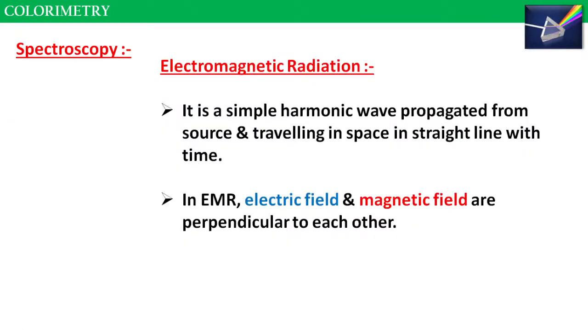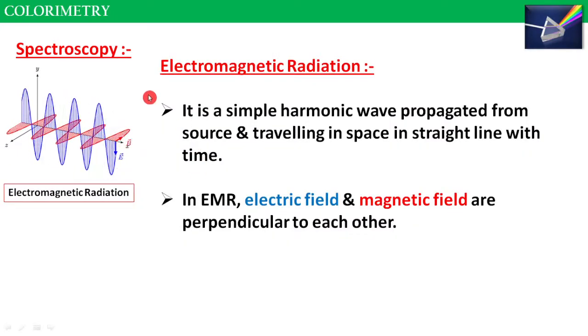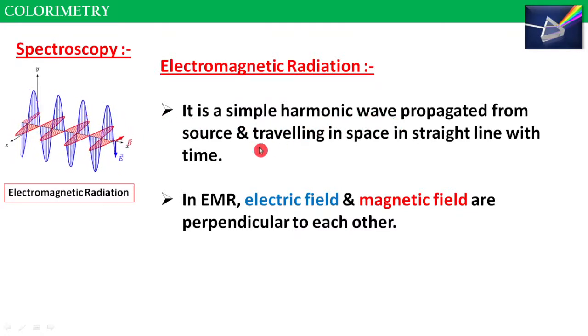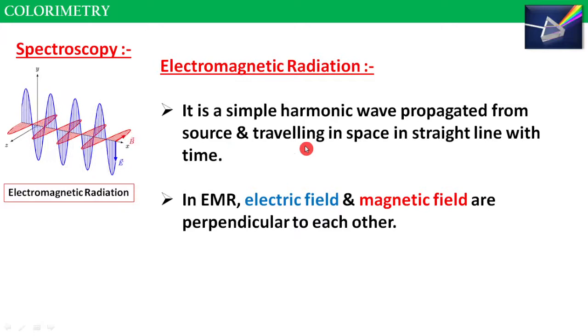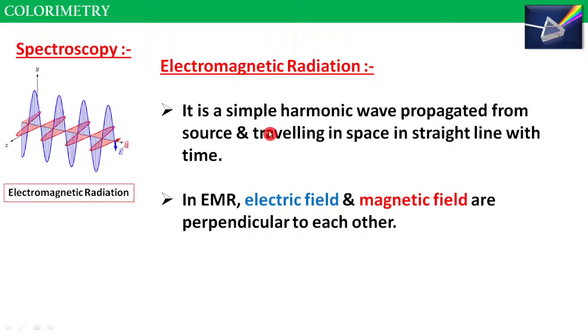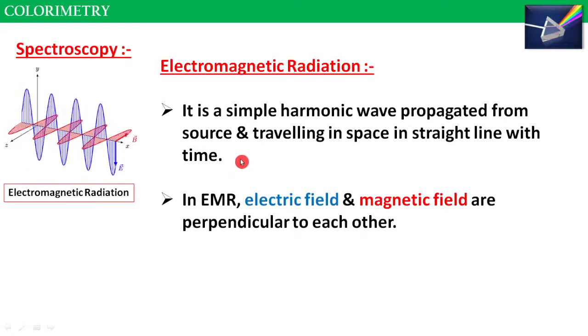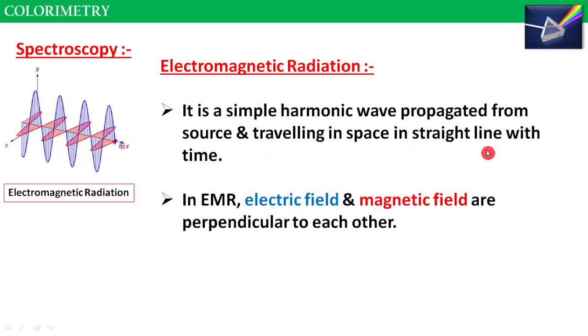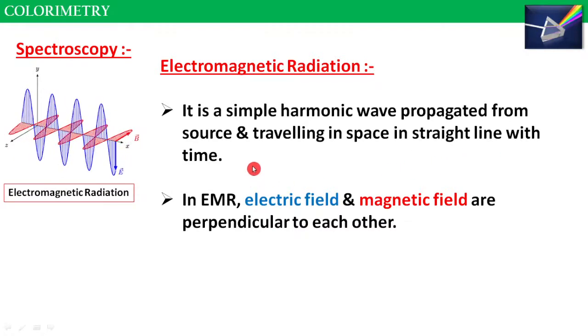So what is electromagnetic radiation? Let us define it. It is a simple harmonic wave propagated from a source and traveling in space in a straight line with time, which is called electromagnetic radiation.